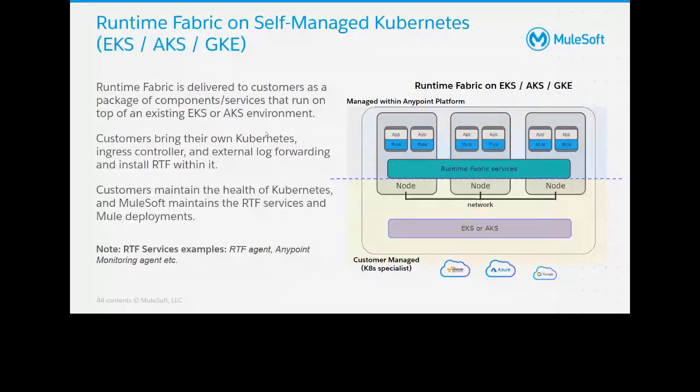AKS stands for Azure Kubernetes Service, EKS stands for Amazon Elastic Kubernetes Service, and GKE is Google Kubernetes Engine. You can bring any one of these Kubernetes clusters and install RTF within that cluster. Runtime Fabric and its services would get installed within your existing cluster, and will manage and operate the Mule applications as you deploy them in the cluster.